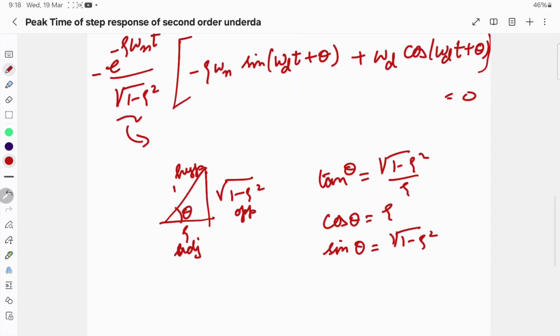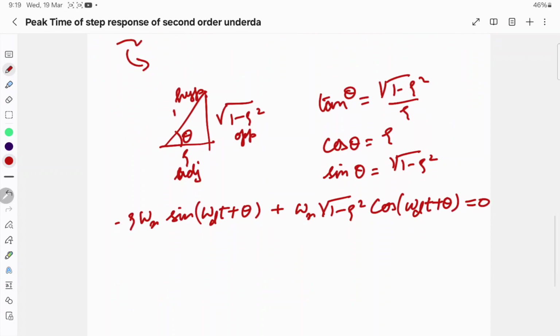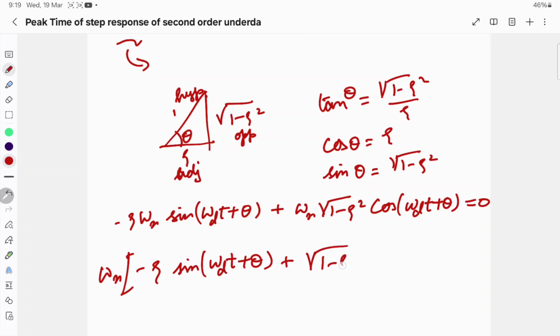With this in mind, we can write minus zeta omega n sine omega d t plus theta. And what is omega d? It is omega n square root of 1 minus zeta square, cos omega d t plus theta, equal to 0. Take omega n commonly outside, you will be getting minus zeta sine omega d t plus theta plus square root of 1 minus zeta square cos omega d t plus theta, equal to 0.